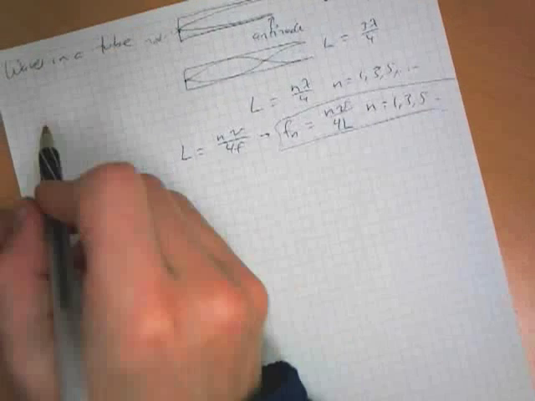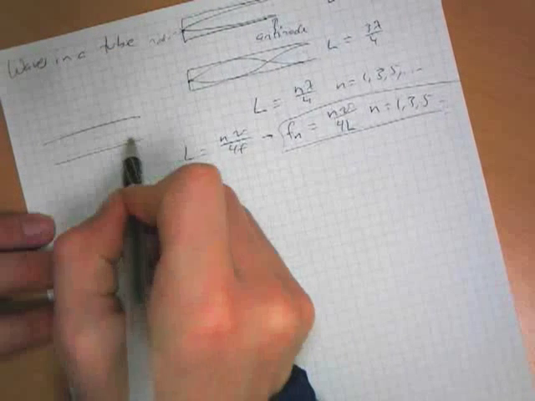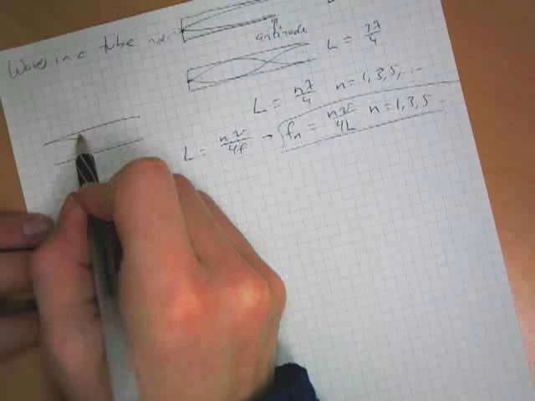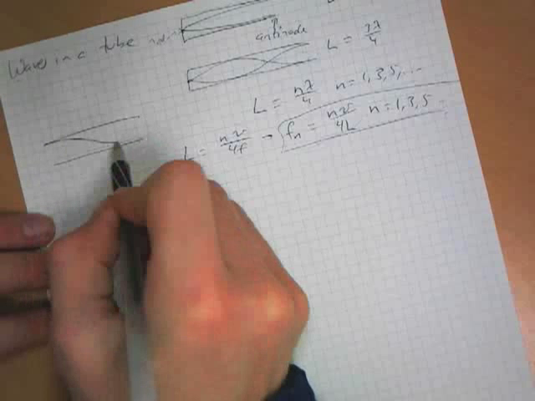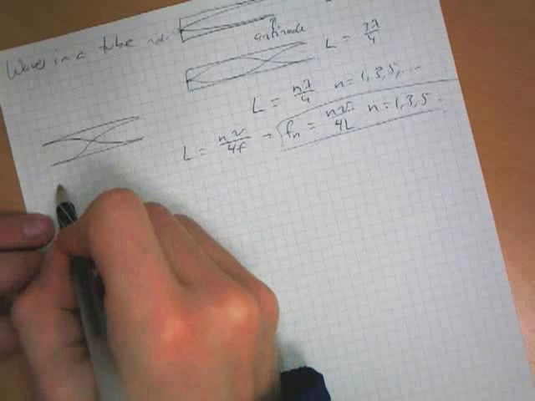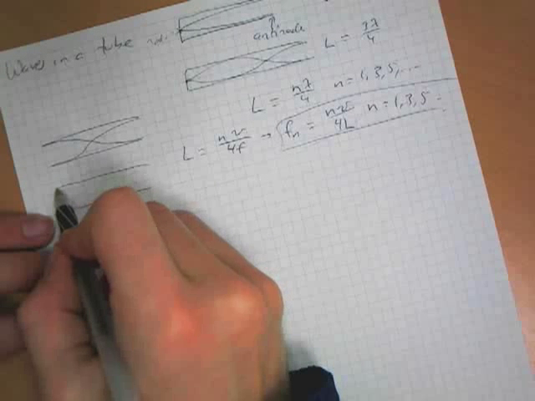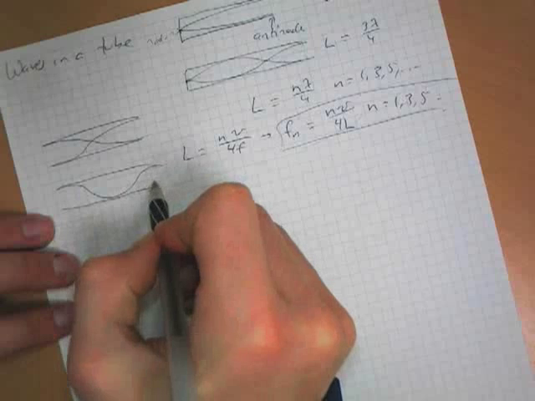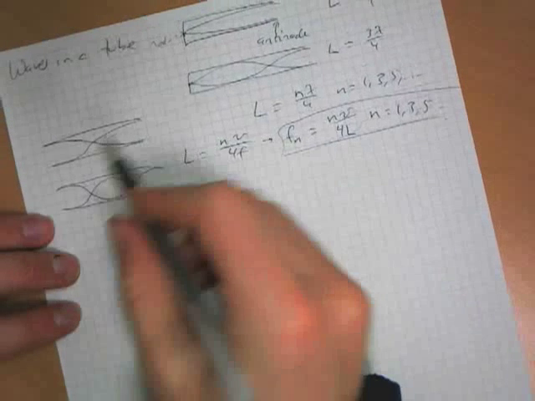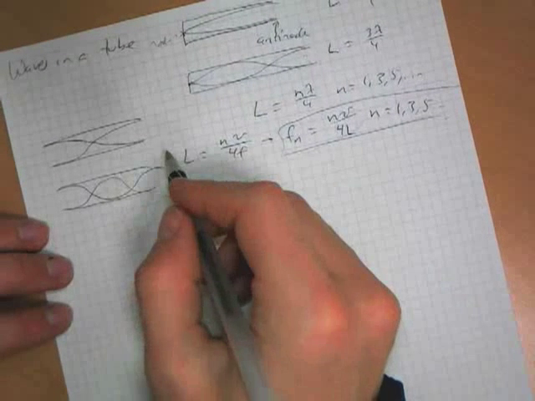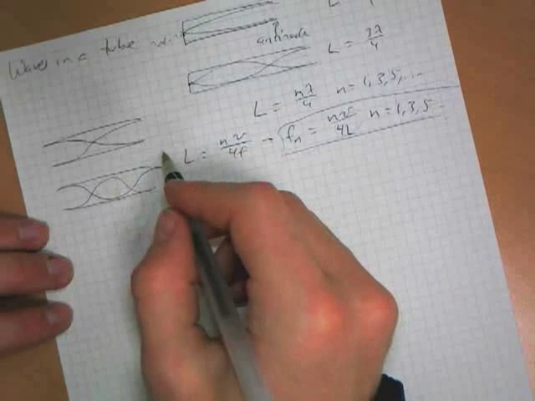If it's an open tube, if the tube is open at both ends, you have antinodes at both ends, then you can do all the same. It's kind of the opposite of the case of the string, but you can do a full wavelength, you can do half a wavelength, and so you have the half wavelength stuff.